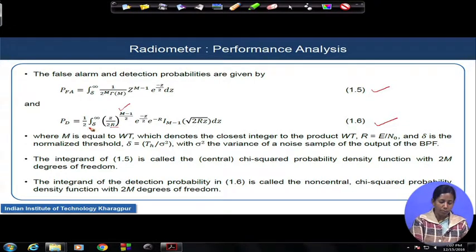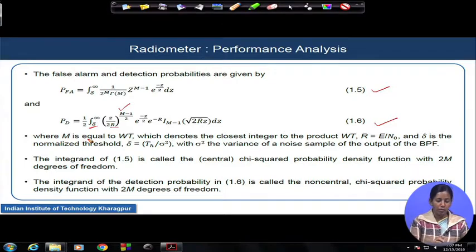The third important term is del. Del is nothing but the normalized threshold value. We had a predetermined threshold value of Th, and if I normalize it with respect to the noise variance sigma square at the output of the band pass filter, I get the value of del.